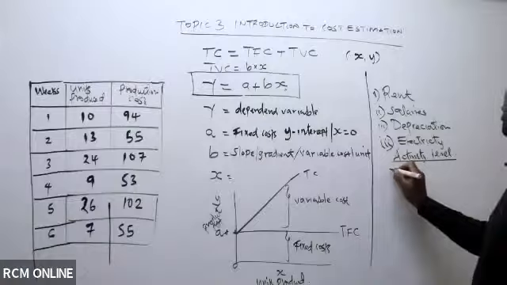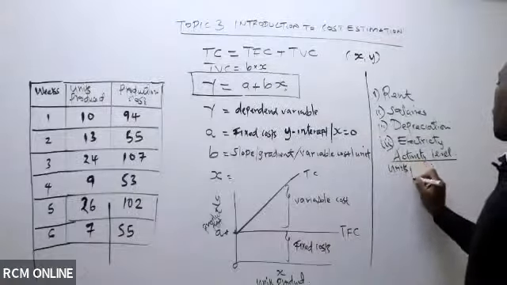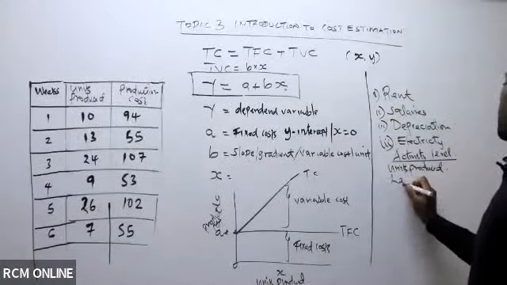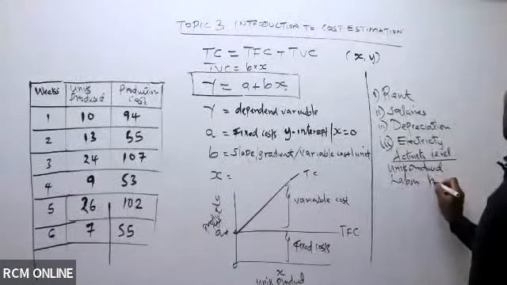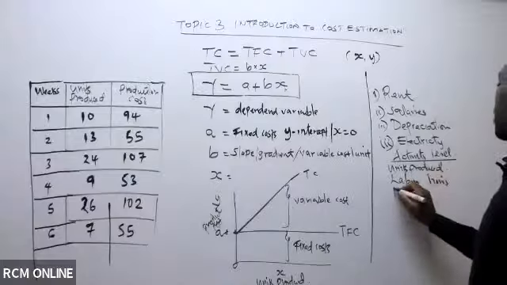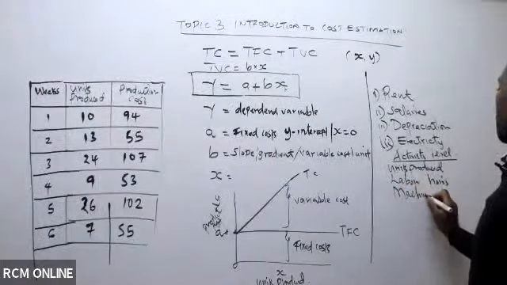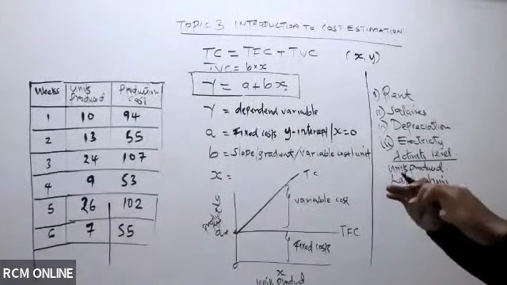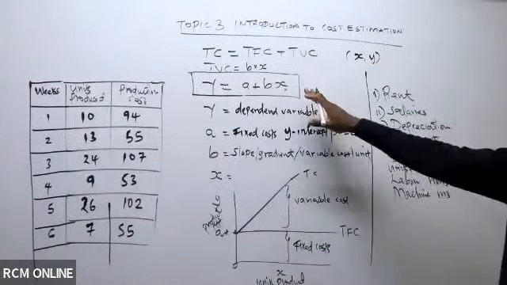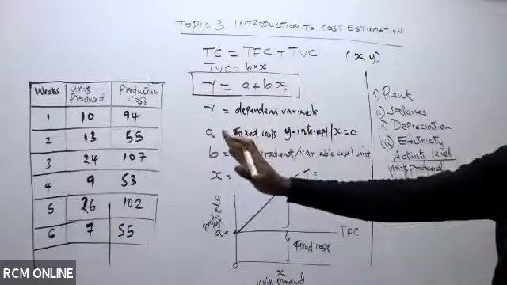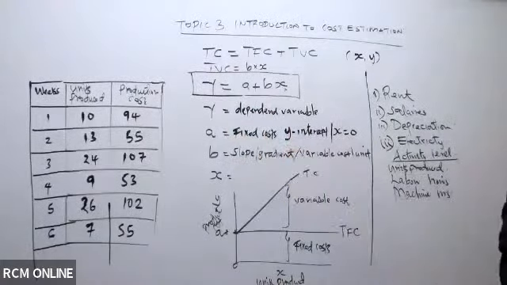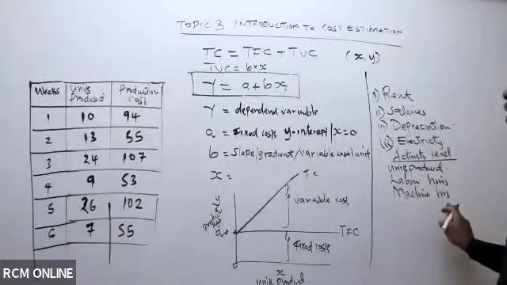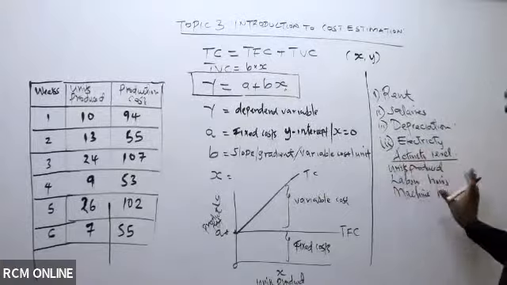Number one, it can represent units produced. It can represent labor hours. It can represent machine hours. Because it is not that in every single question under this topic, the examiner will be talking about units produced and production cost. No. At some point, the examiner will be talking about labor hours, machine hours, and not necessarily units produced.